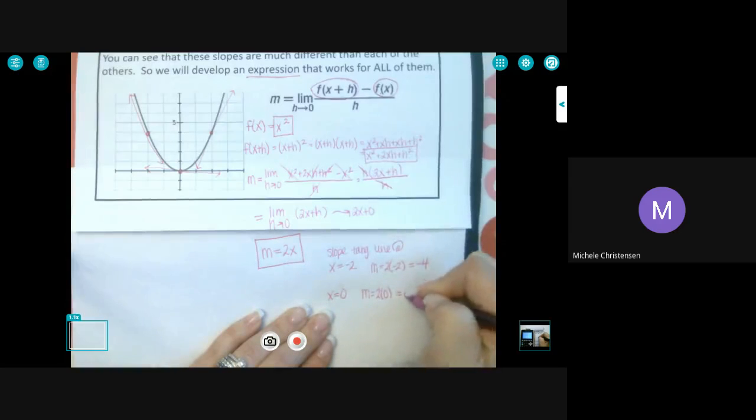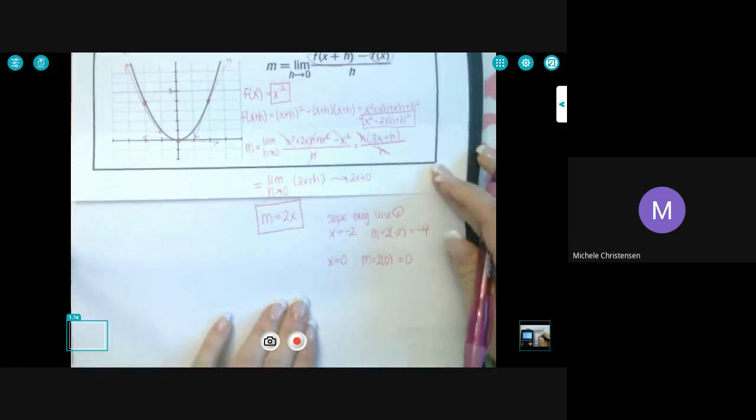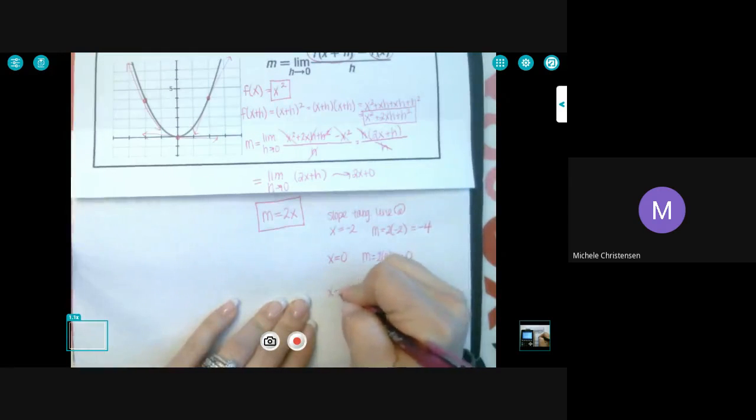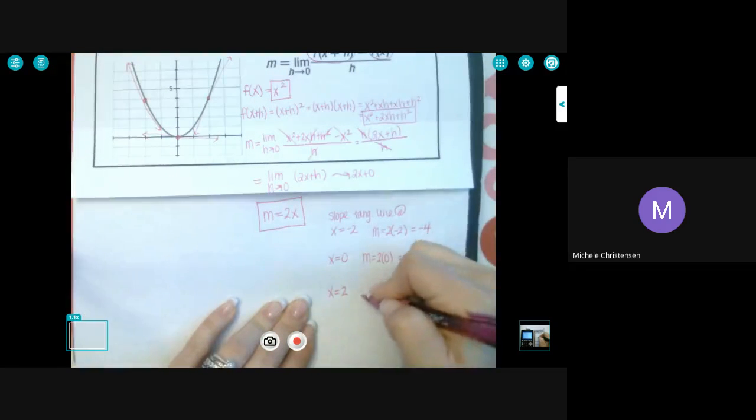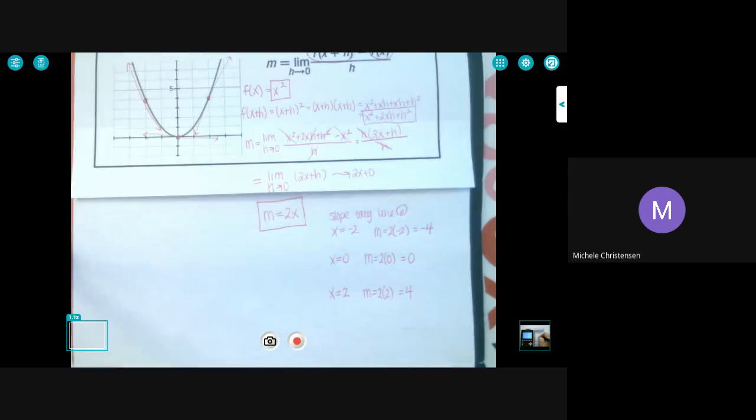The slope is 0. What's the slope at x equals +2? The slope is +4. See how much quicker it was to take multiple x values and calculate the slopes once you have this general form of the slope of the tangent line.